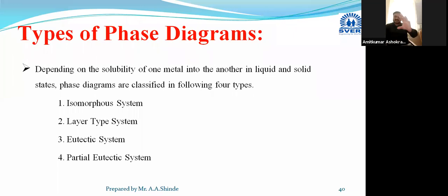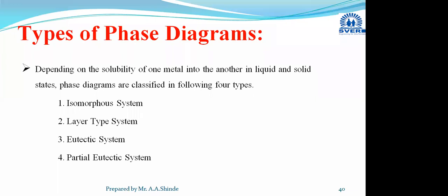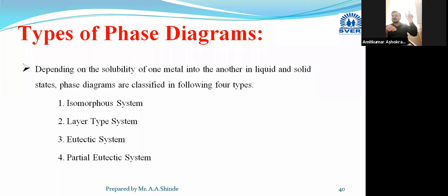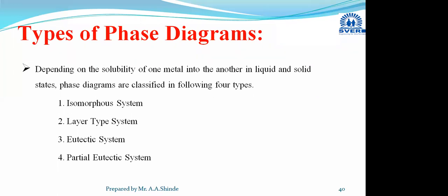In this way, for each system, they may ask you any system. Sometimes they may provide the names of alloys on one side in match the pairs MCQ questions. They may ask this in competitive examinations also.